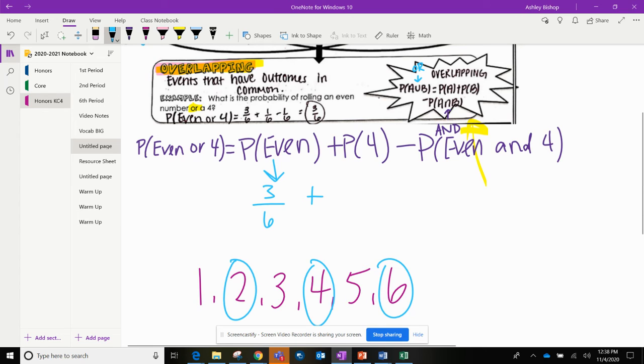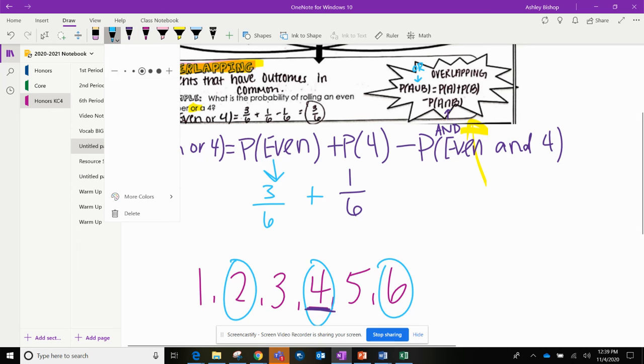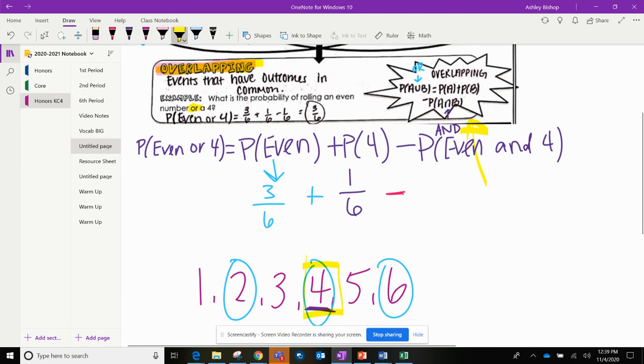Plus the probability that I pick a 4, well, there's only one 4 out of the 6. Minus the probability that I get an even number and a 4. Even and 4, well, there's one number that's a 4 that's even. And I'm going to find my answer. 3 plus 1 is 4, minus 1 is 3 out of 6, which is equal to 1/2.